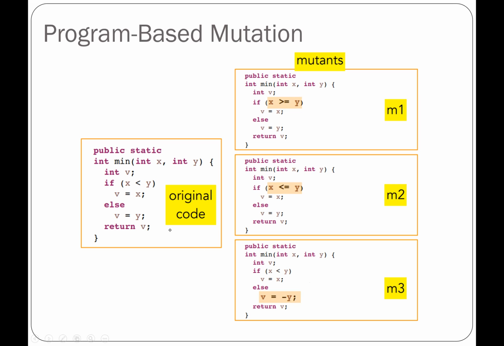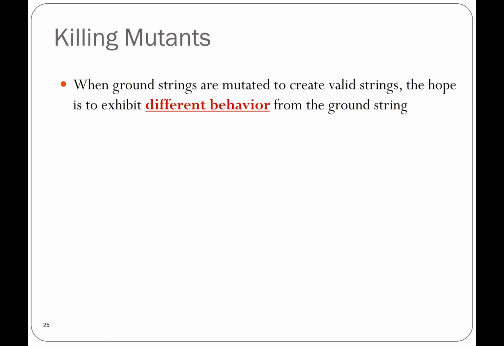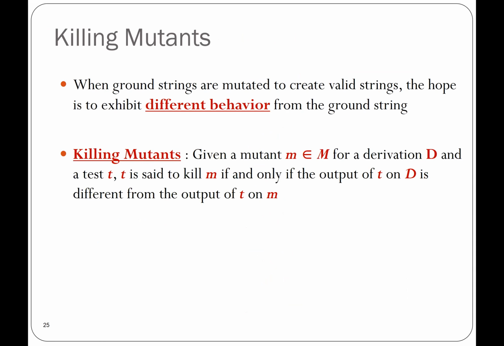And instead of it being Y, I made it B equals minus Y. All right, so what I want to do is produce tests that give me a different output, okay? And when I produce that different output, I would say I have killed a mutant.